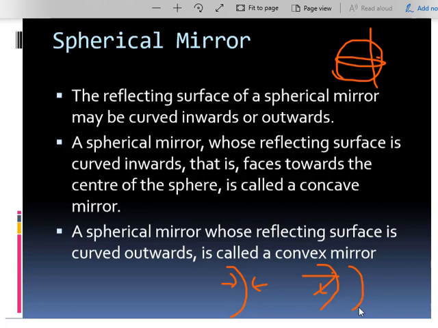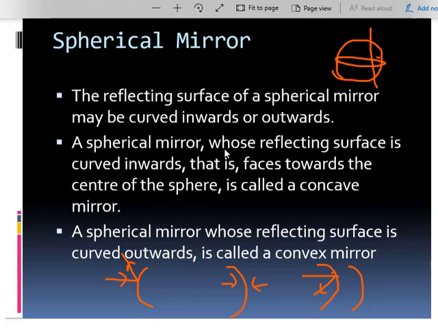On the other hand, if light rays fall on this side, the outward side, and get reflected back, this type of mirror is known as a convex mirror. So this is a concave mirror, the inward side, that looks like a cave. This is a convex mirror.